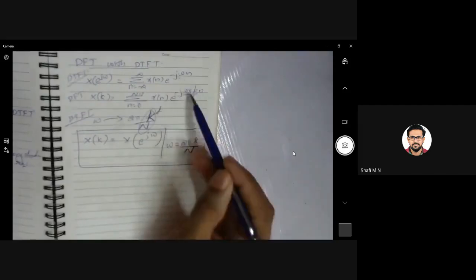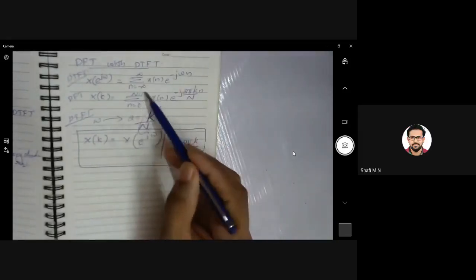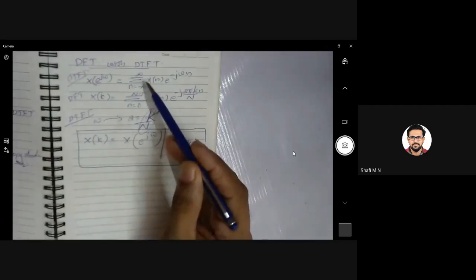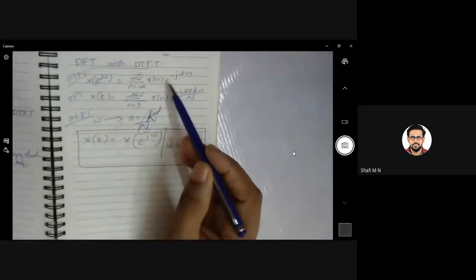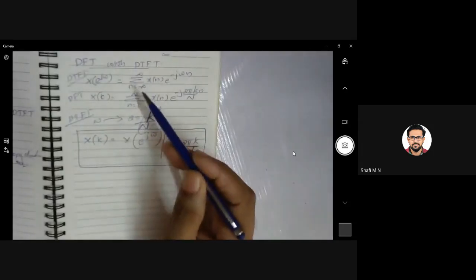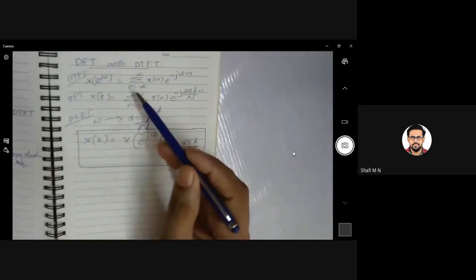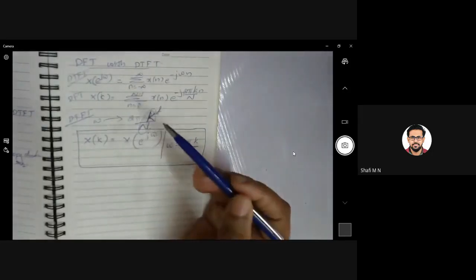Since you are sampling here, the signal will be periodic, a repeated version. For a periodic signal we analyze only one period. Sampling in the frequency domain will make your signal periodic in the time domain. That's why you are changing the limit to 0 to N minus 1.